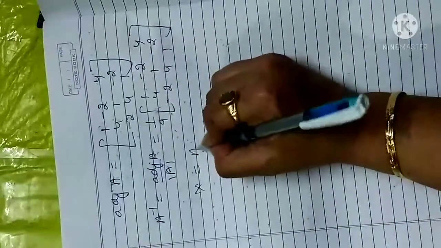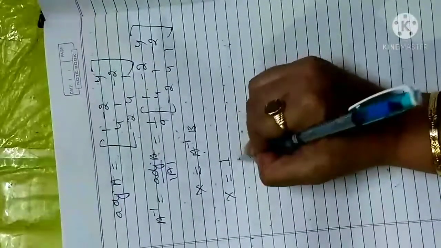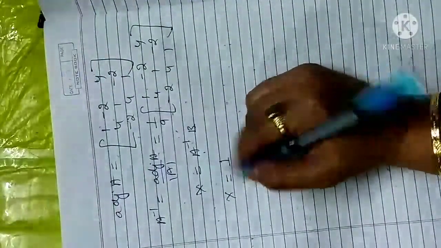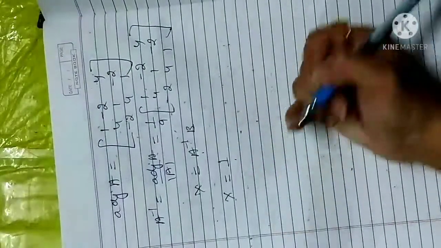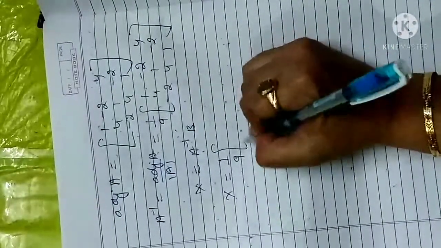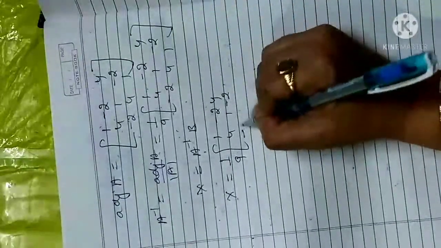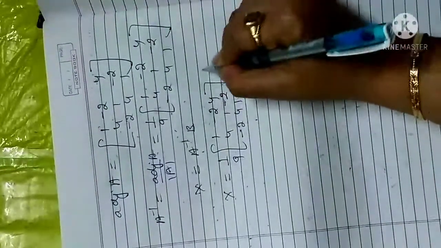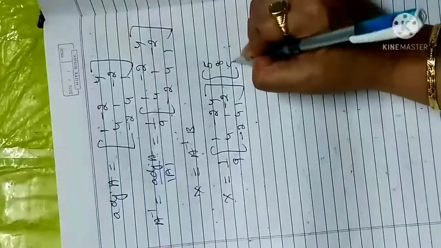Now next I have to go with A inverse B. My x element is x, y, z, hidden in that, so later I can convert this X back into x, y, z. This A inverse is 1 by 9 times 1, -2, 4, 4, 1, -2, and -2, 4, 1, and my B matrix was 5, 8, and 5.